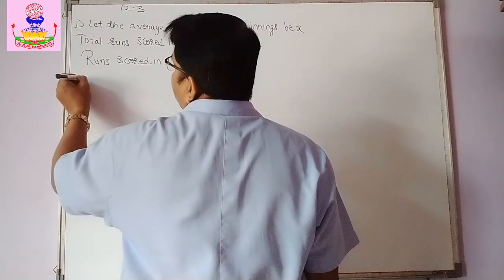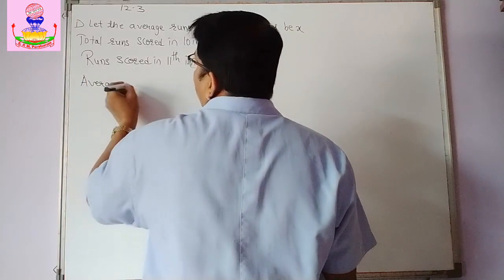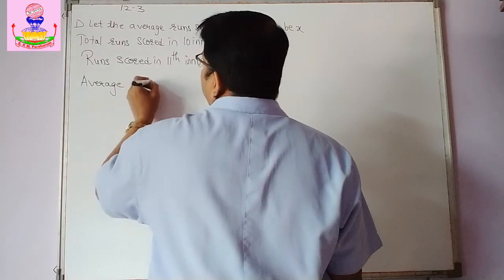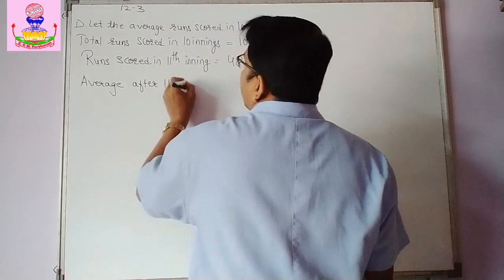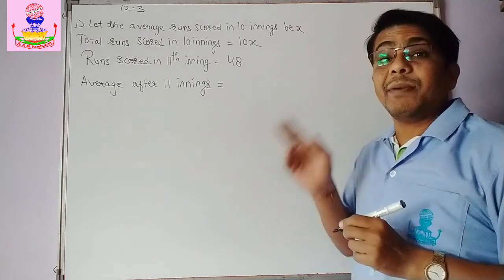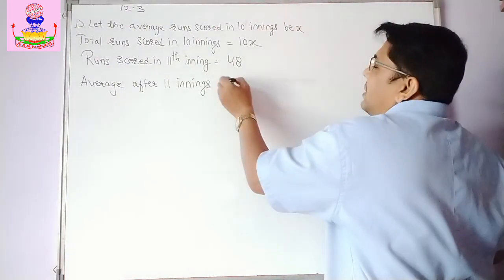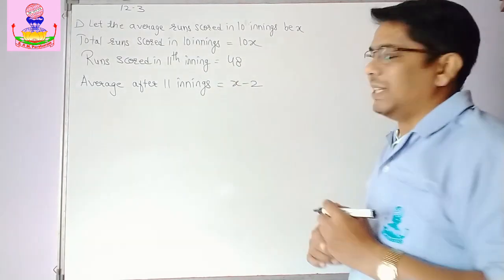So the average after 11 innings, meaning the first 10 plus this 1, came down by 2. What is the initial average? x. So now it came down by 2, that means x minus 2.